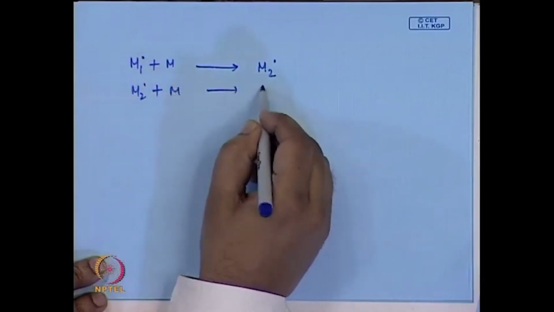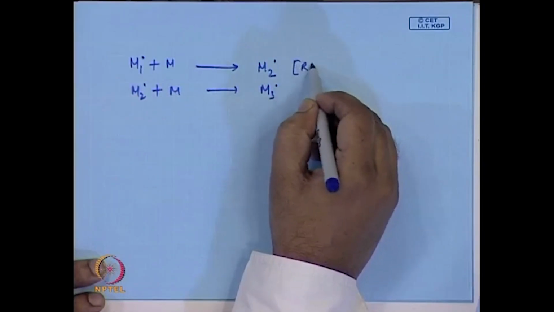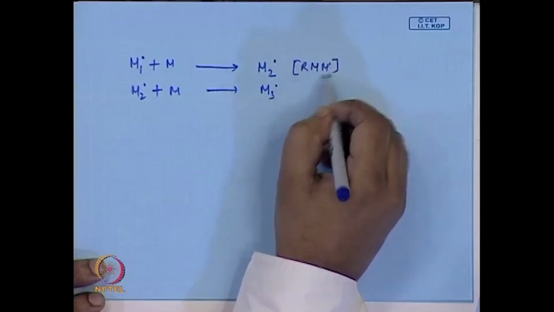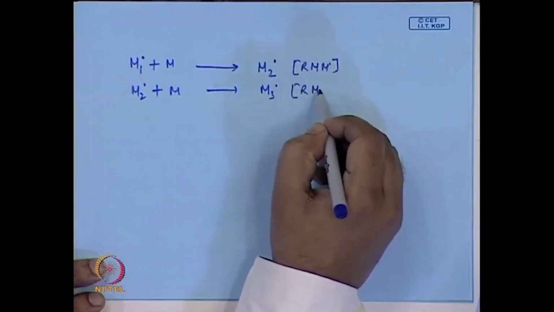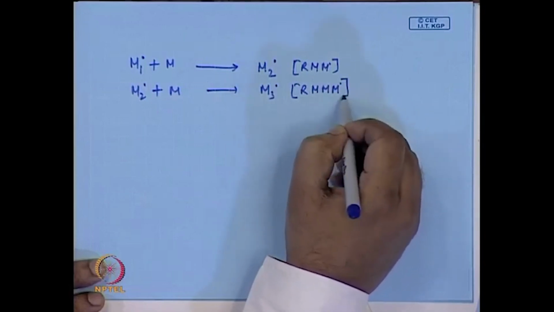This again reacts to form M3 dot; M2 dot is R M M dot, this is R M M M dot, and so on.